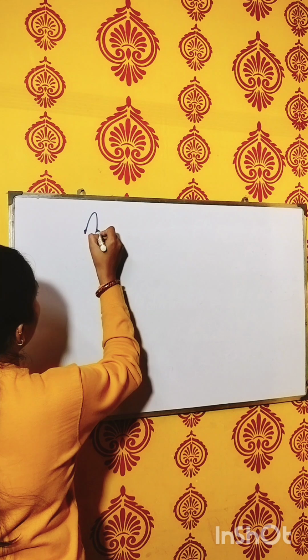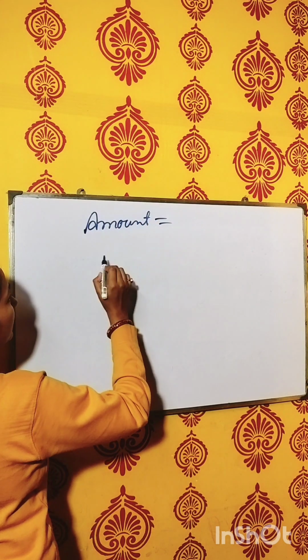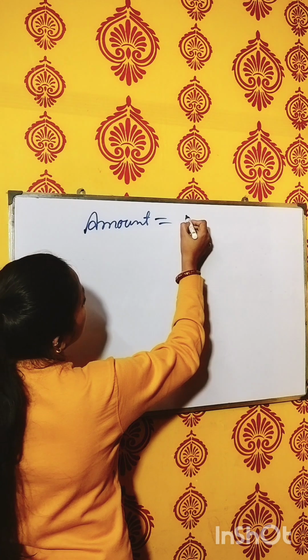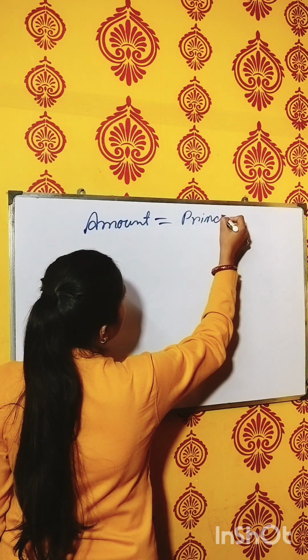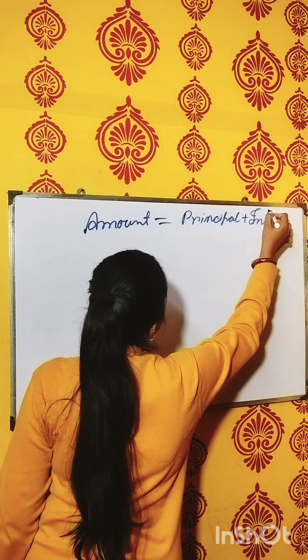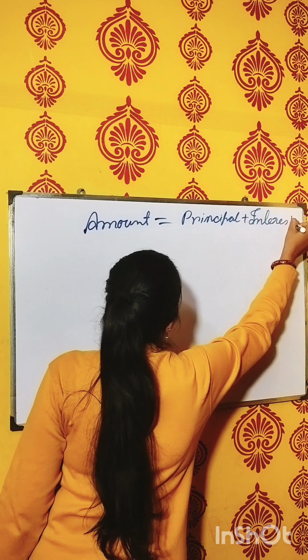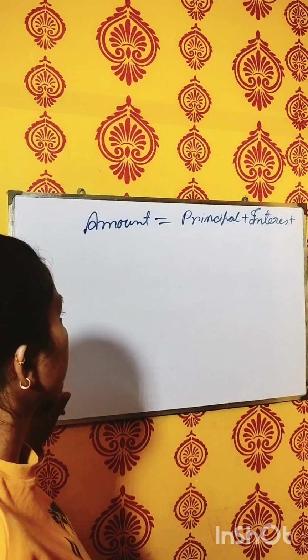Now we will write the amount which we have to pay to the lender. Okay, the amount will be the principal sum with the interest. That means amount is equal to principal plus interest.